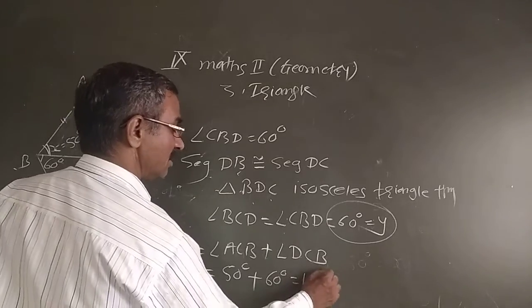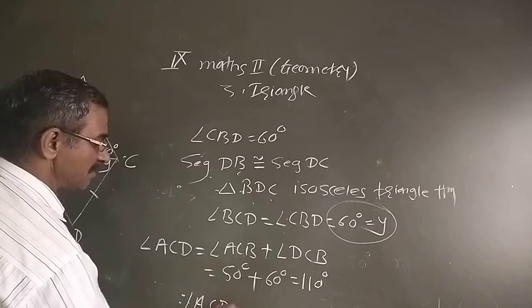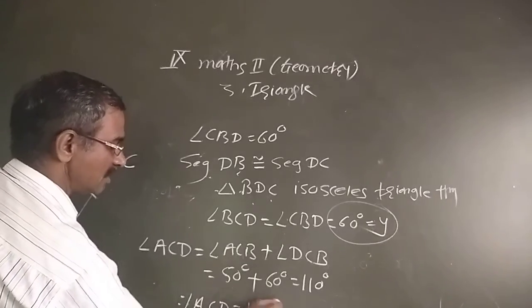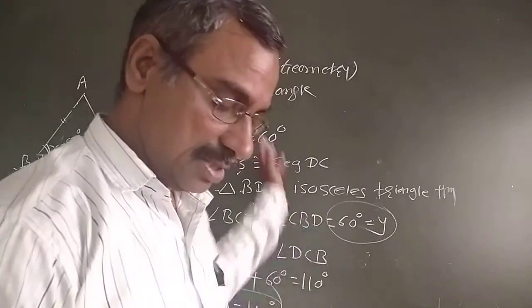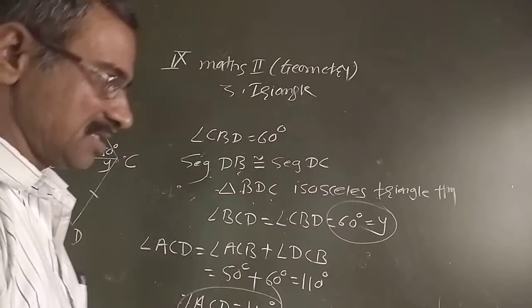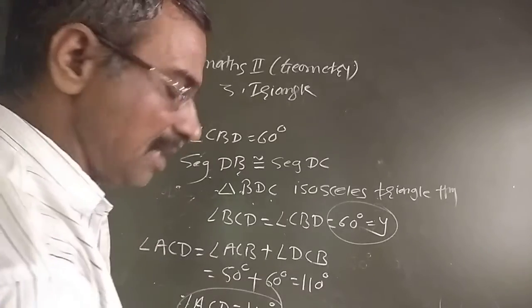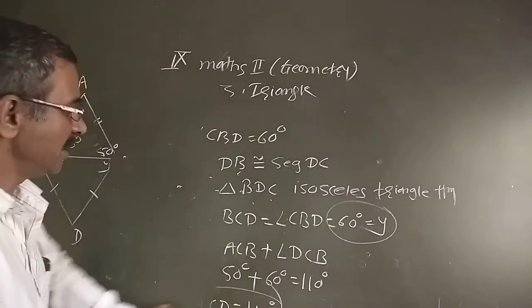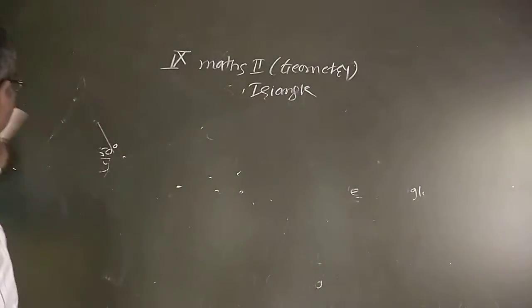By summing it, angle ACD is 110 degrees. So the value of x is 50 degrees, y is 60 degrees, ABD is 110, and ACD is also 110. Then we are going to solve question number 2 of the same exercise 3.3.